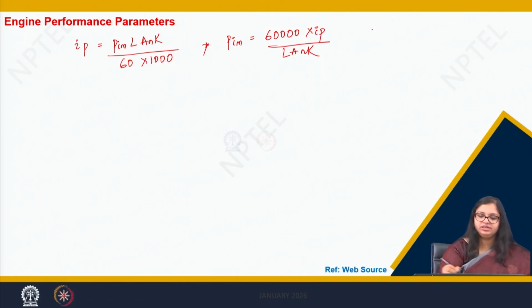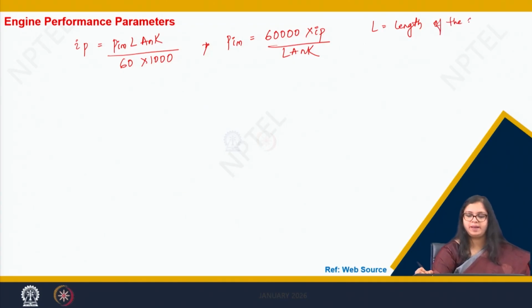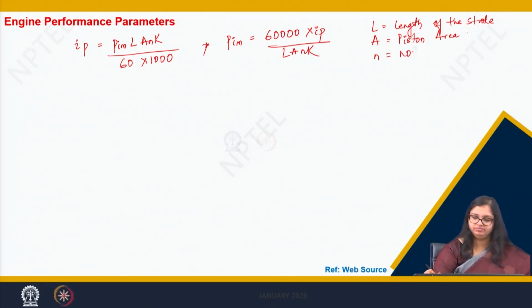So here my L is the length of the stroke, A is the piston area, N is the number of power strokes. So what do we take it as?